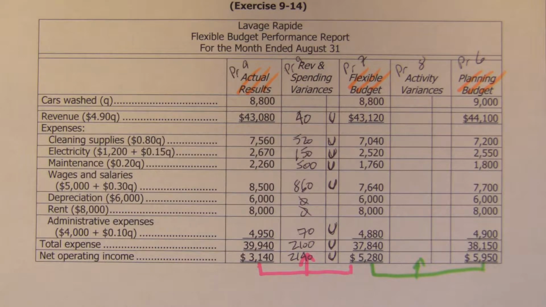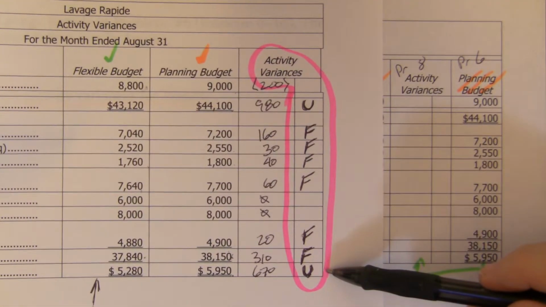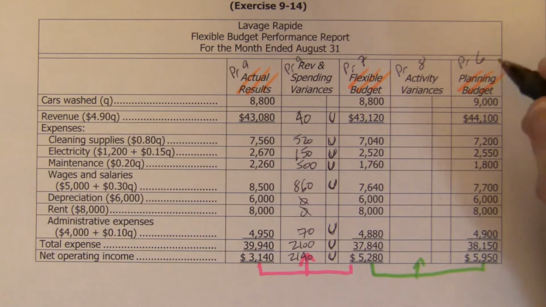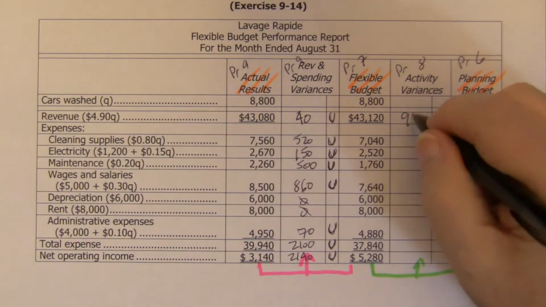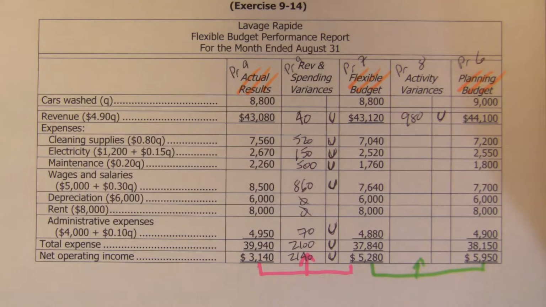Now I'm going to go take the same numbers we got from the activity variances from problem 8. These numbers right here. I'm just going to copy them down, and that will give us the activity variances. So our revenue is down $980. But that doesn't scream at me because we did fewer cars.